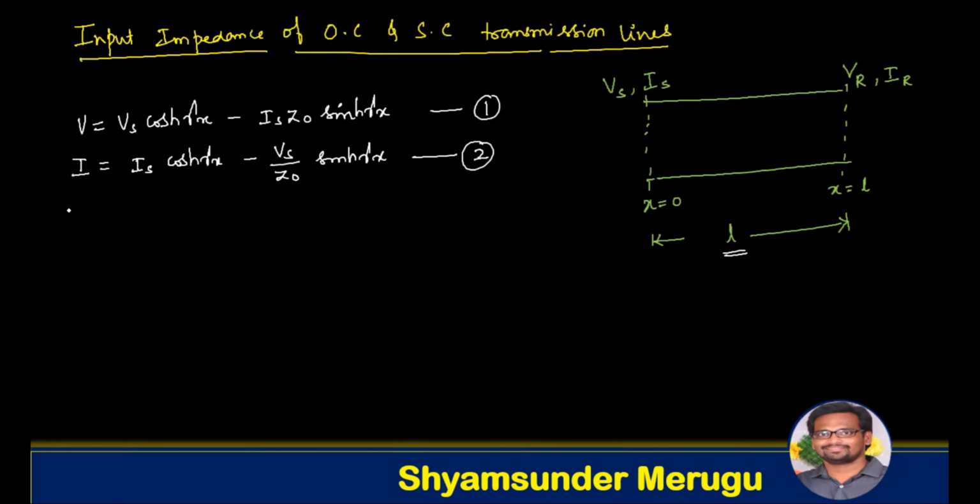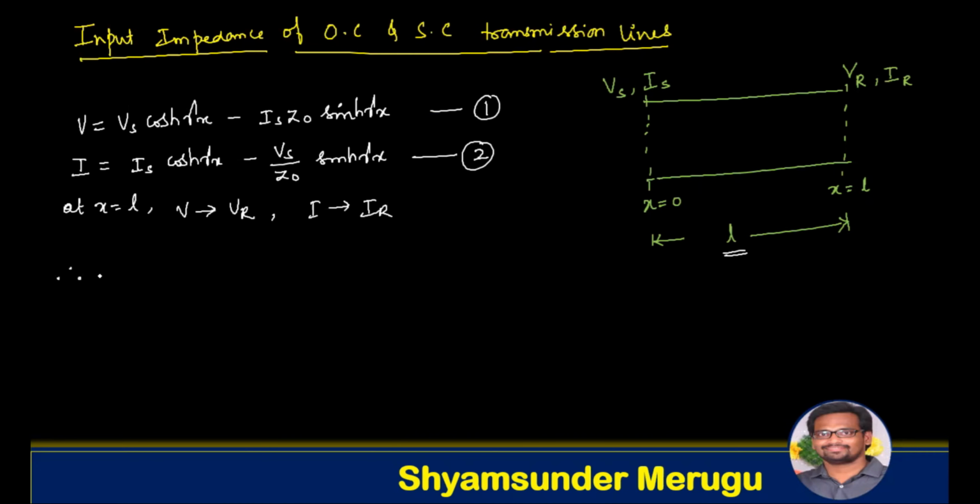Now at x equal to L, that means at the length of the transmission line, V becomes VR and I becomes IR. Simply they will be the termination voltage as well as the termination current.